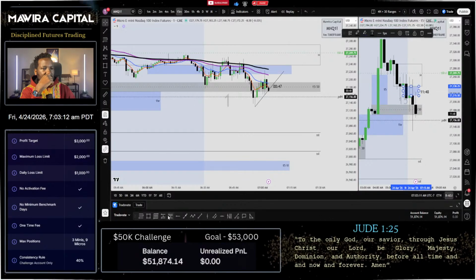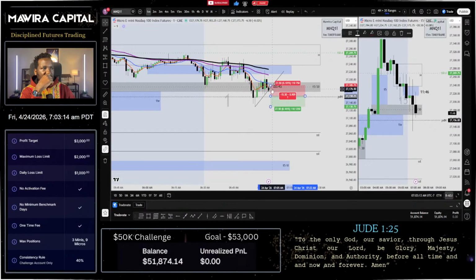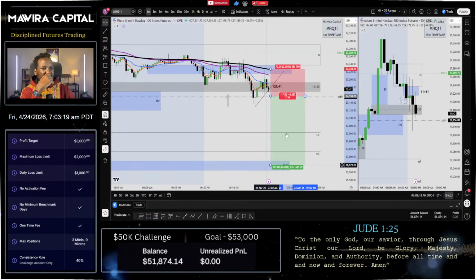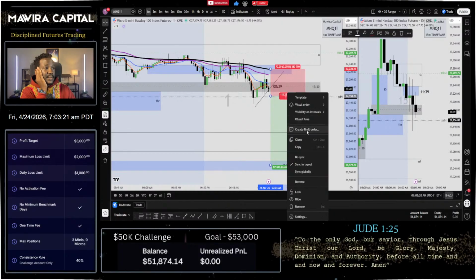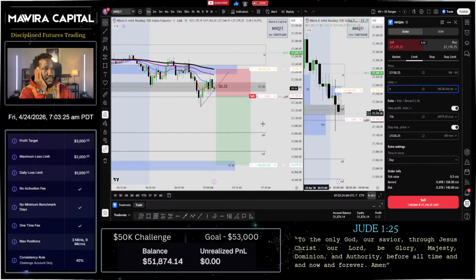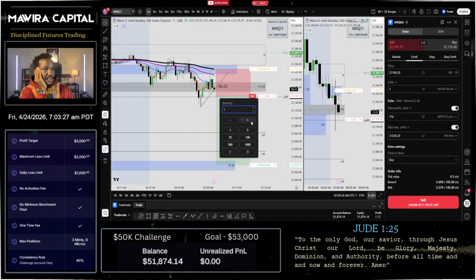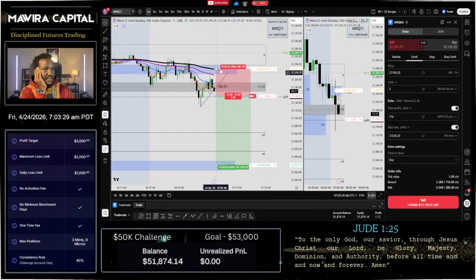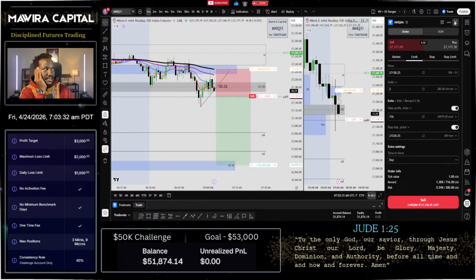I'm thinking this is a good trade to take. So I have 47 seconds to set myself. 70 points. This one we can only do 1 micro. If we do 2, it's gonna be too much for something that's not even that tight.